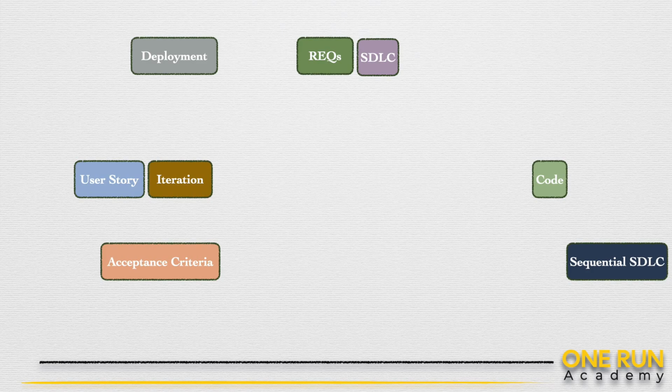And in each iteration, we add a feature or a set of features to the software. So maybe in this iteration, we will write the code for the sign-up feature, and in the next iteration, we will write the code for the login feature, and so on.